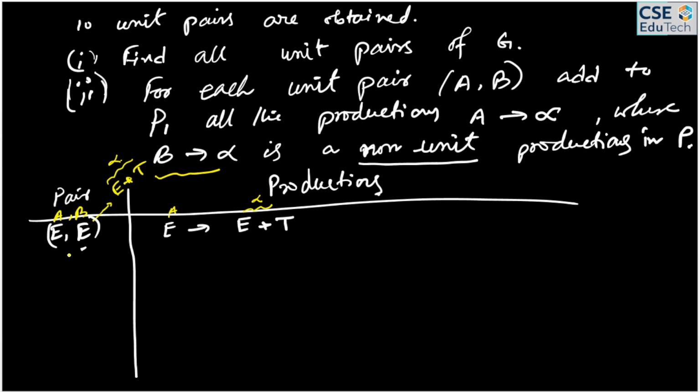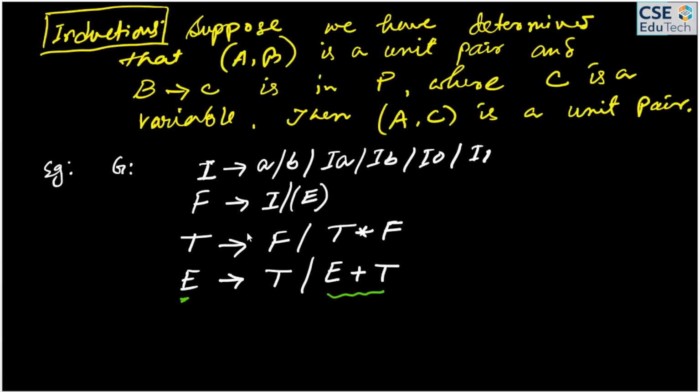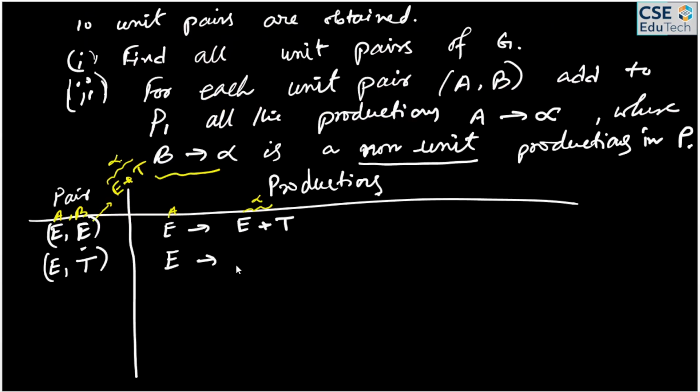So by using the same concept, we can write E comma E, then another unit pair will come, E comma T. Here the same thing, for E, we have to look whether there are any non-unit productions from T. So obviously T to T multiplied by F is a non-unit production, so we have to include it.